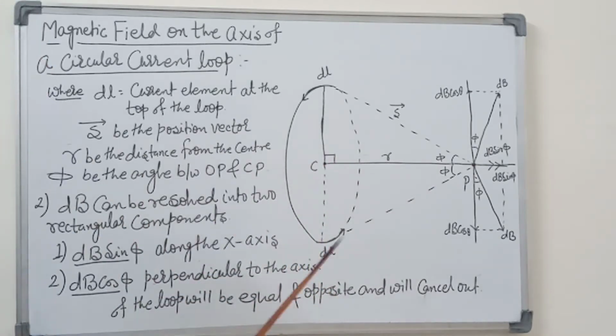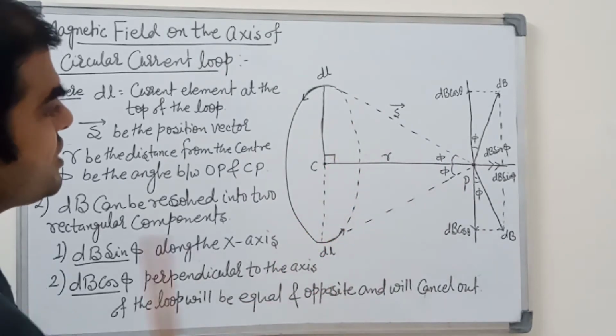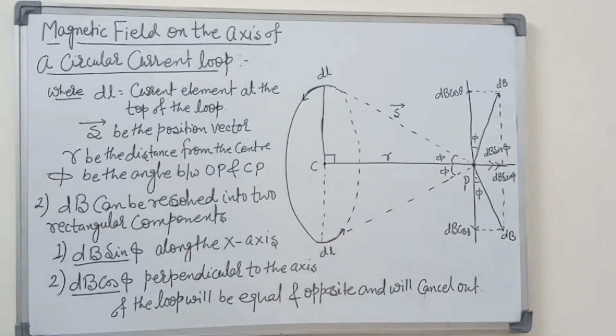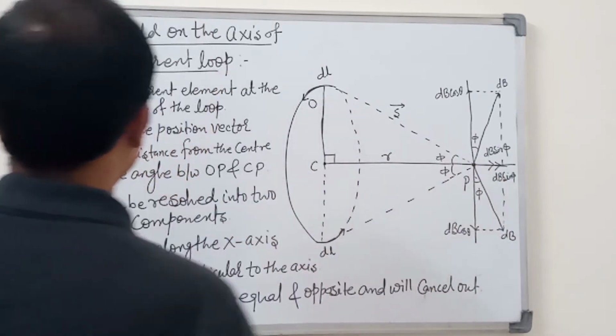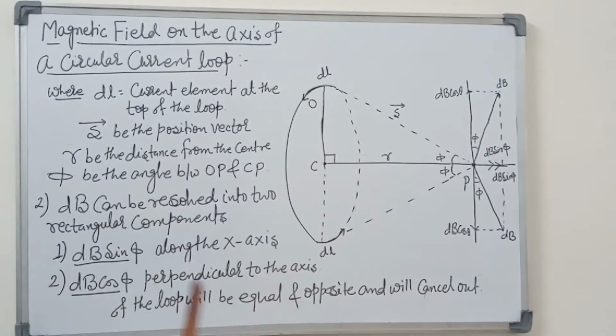And phi is the angle between OP and CP, created at point O.